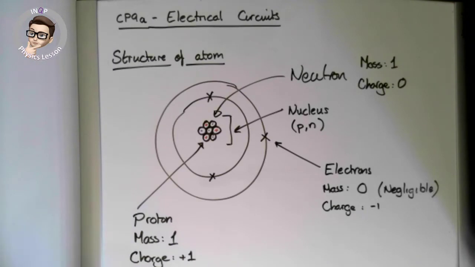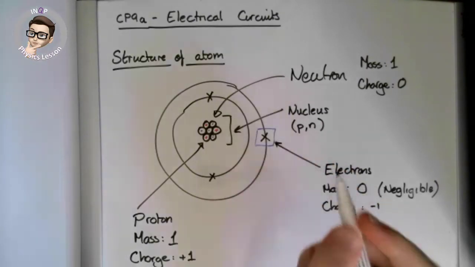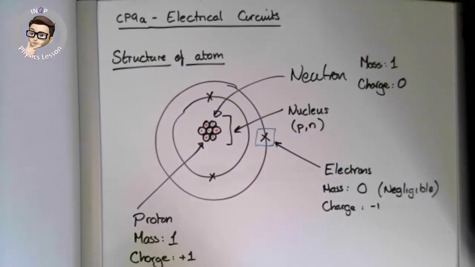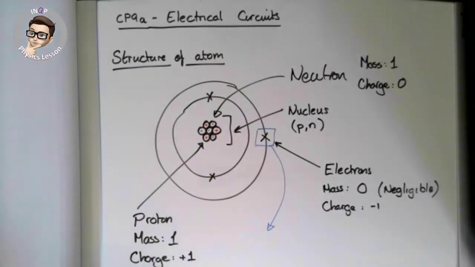Now, the most important thing about this atom, especially when we're talking about electricity, is this electron here. This electron can escape with a little extra energy, allowing it to move.